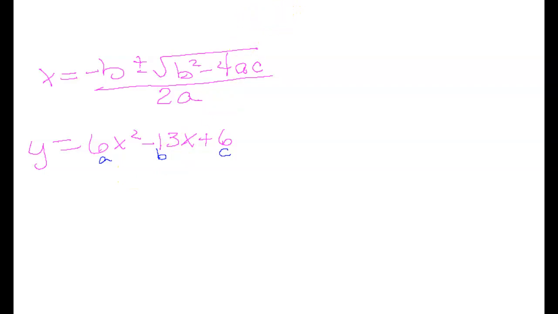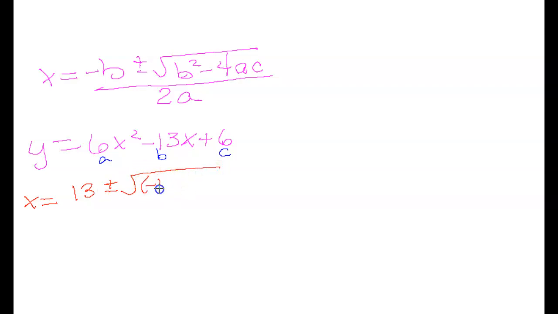So if I set up my quadratic formula, it solves for the x-intercepts. X equals is why you write it that way. The opposite of b, so our b is negative 13, so we're going to say positive 13. Plus and minus, because there's always two solutions, or usually two solutions.